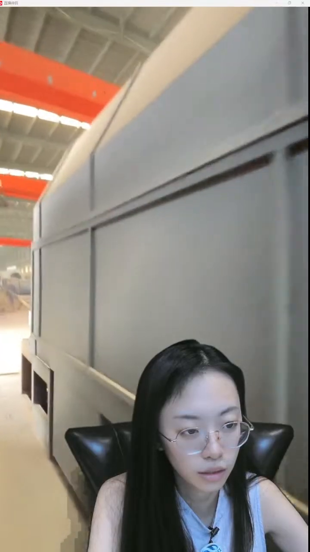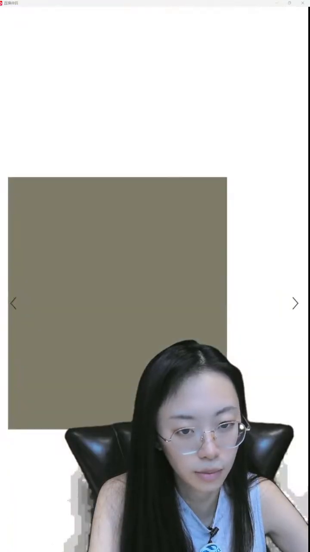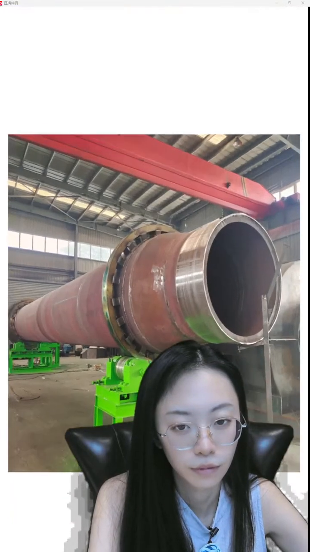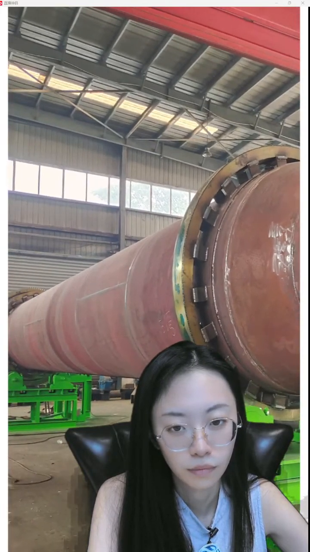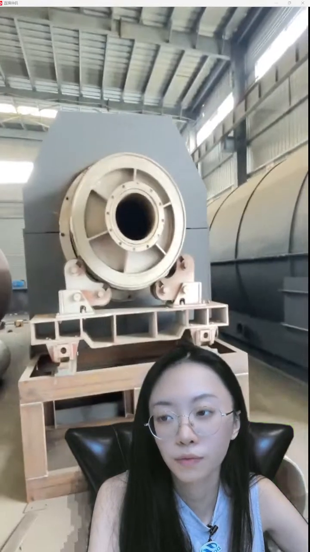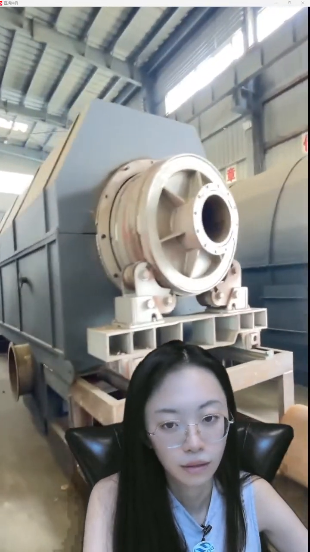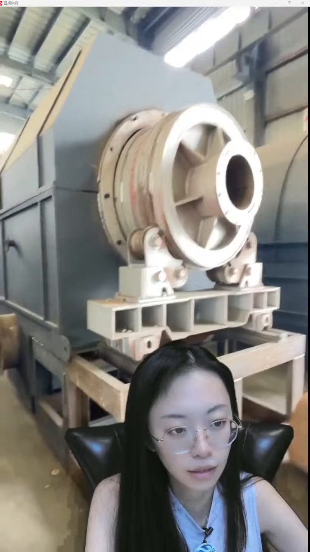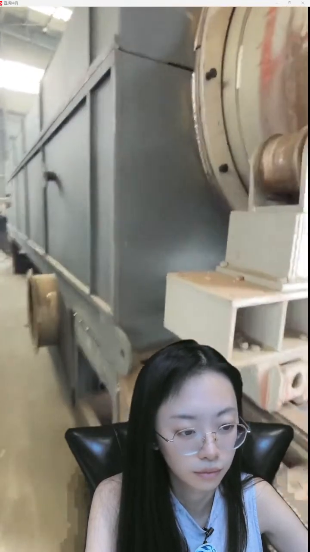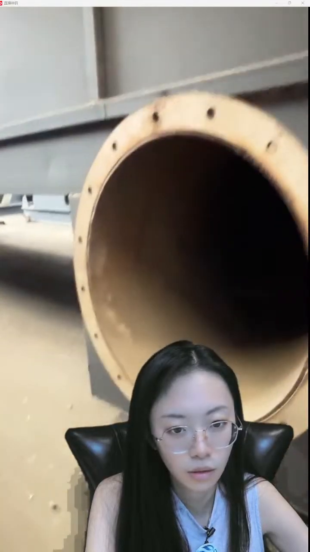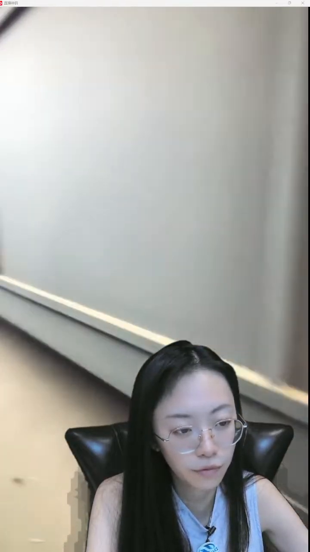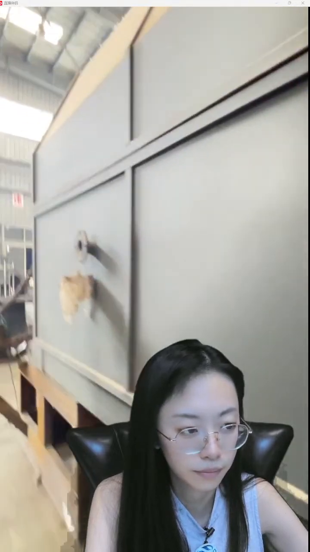What does the furnace look like? It's just like this picture. We use boiler plate, which can have a high resistance to temperature. This hole is linked with the hot wind furnace to get the indirect heating.